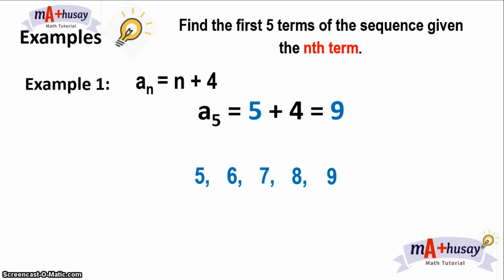So, therefore, the sequence that is defined by the function a sub n equals n plus 4 is 5, 6, 7, 8, and 9. So, that's how easy you find the terms of the sequence given the nth or the general term of the sequence.